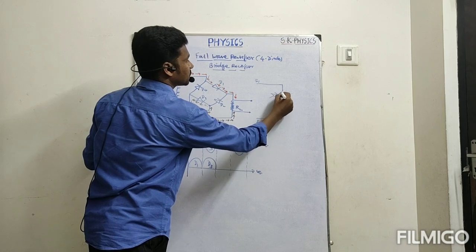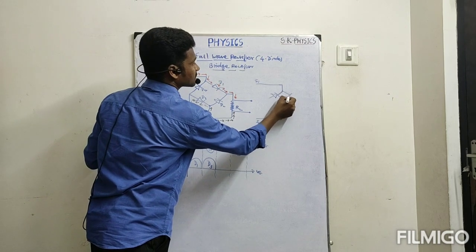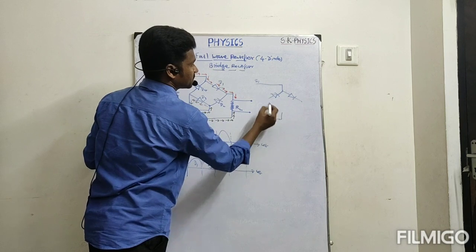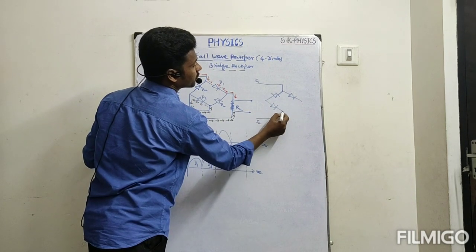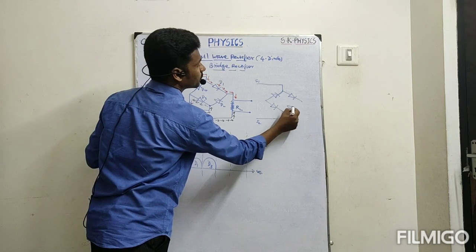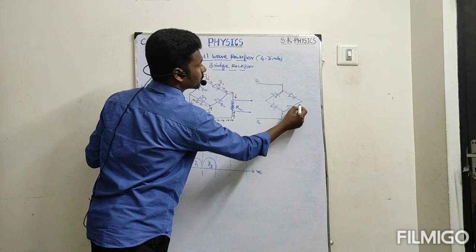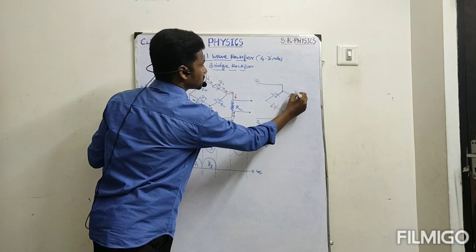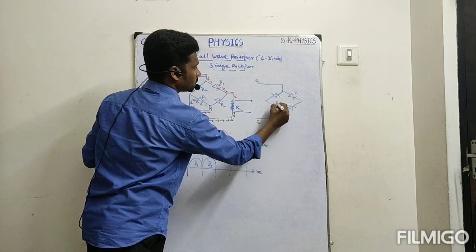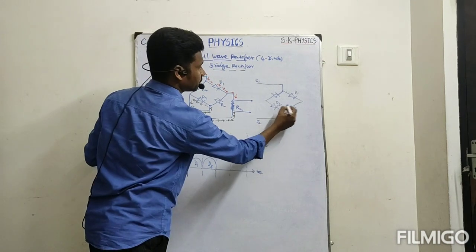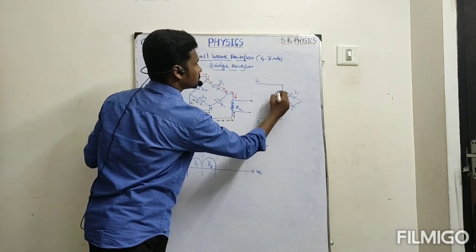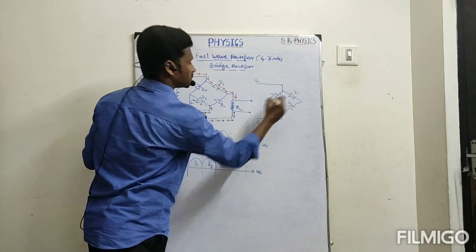For explanation purposes I'll draw separately only the bridge part. So as usual this is D1, D3, D2, and this one is D4.